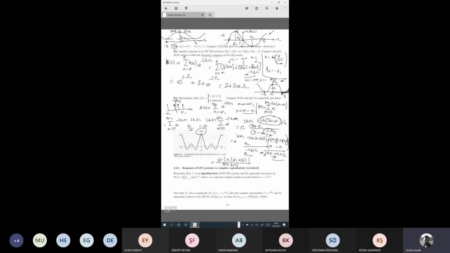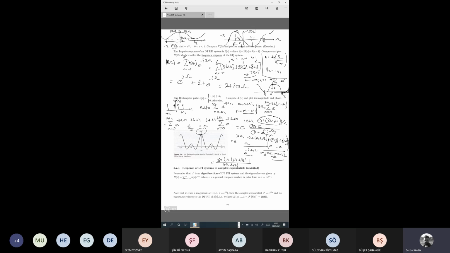So the next thing that we will discuss is the response of LTI systems to complex exponentials. Remember, z to the power n is an eigenfunction of a discrete time LTI system, and the eigenvalue is given as h of z.